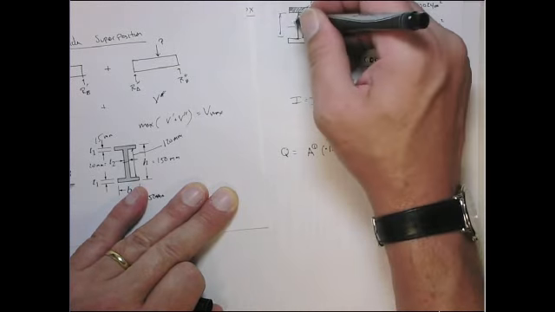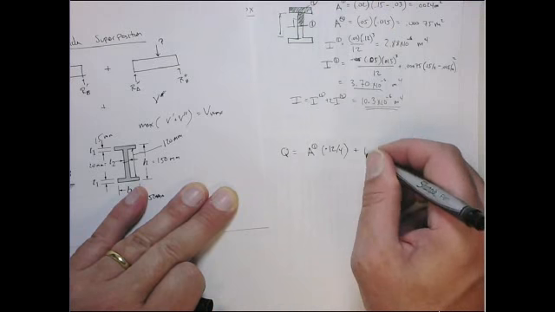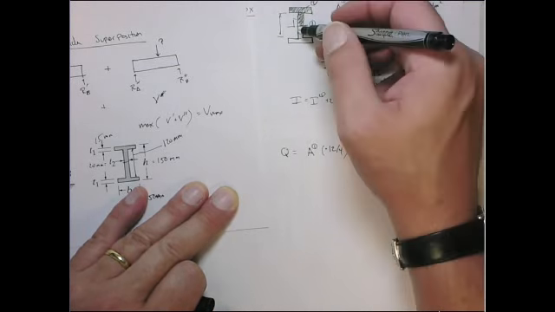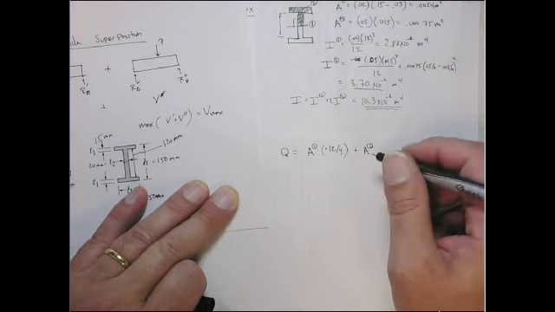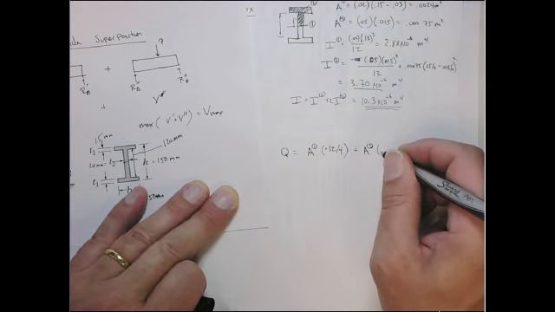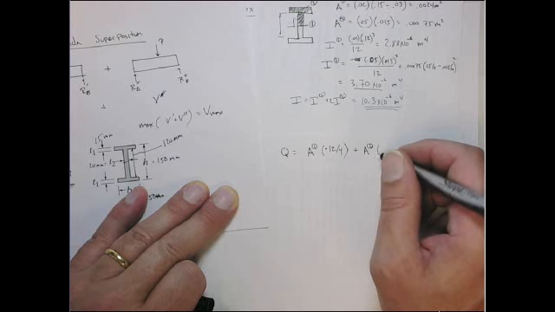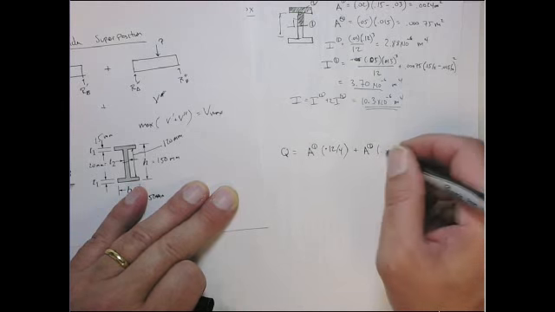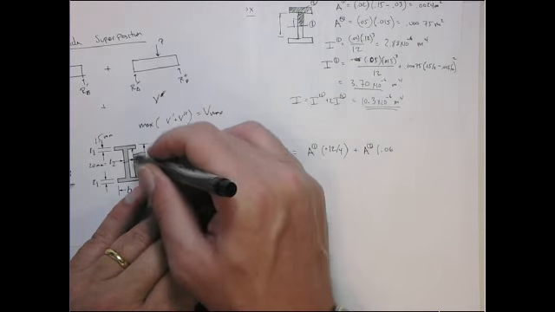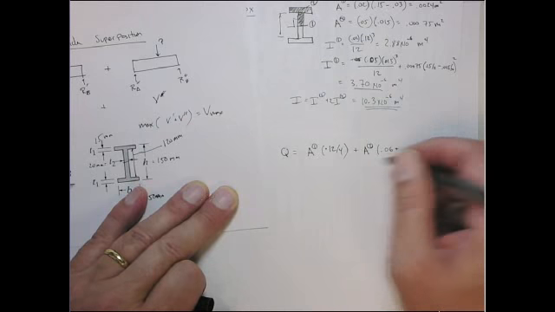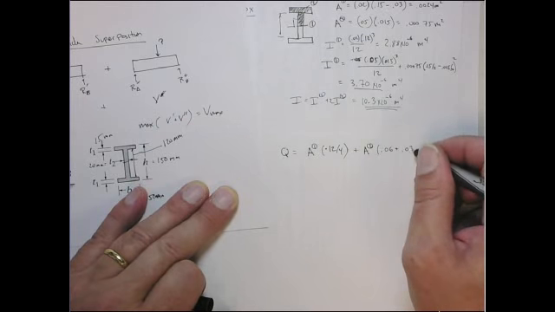That's the distance from the neutral axis to its centroid, plus the area of the flange, and its distance from the neutral axis to its centroid is what we had before. That's the 60 millimeters plus half the flange height, which is 0.075.